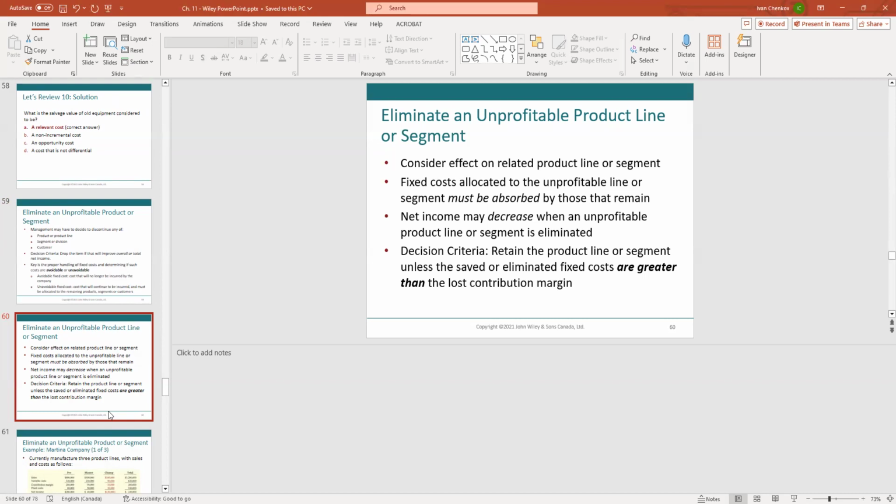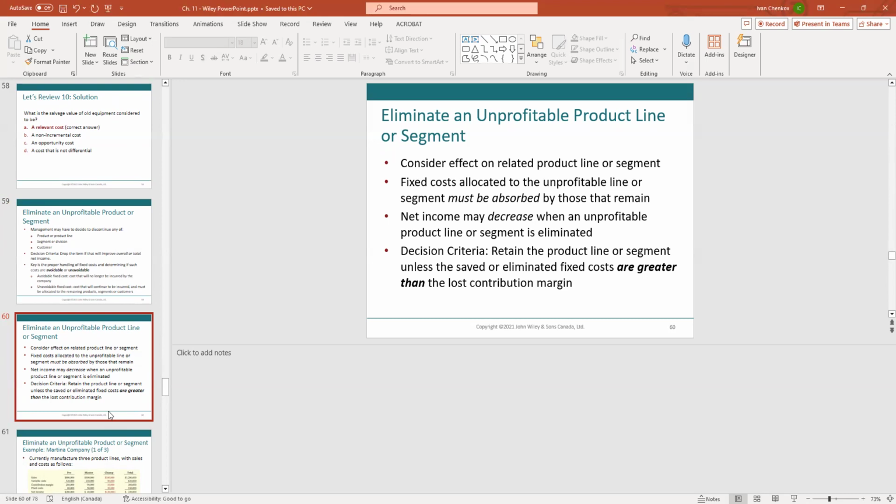Because if we eliminate a division based on fixed cost that is incorrectly allocated to that division, we can easily destroy the company. That may lead to net income decreasing rather than increasing.